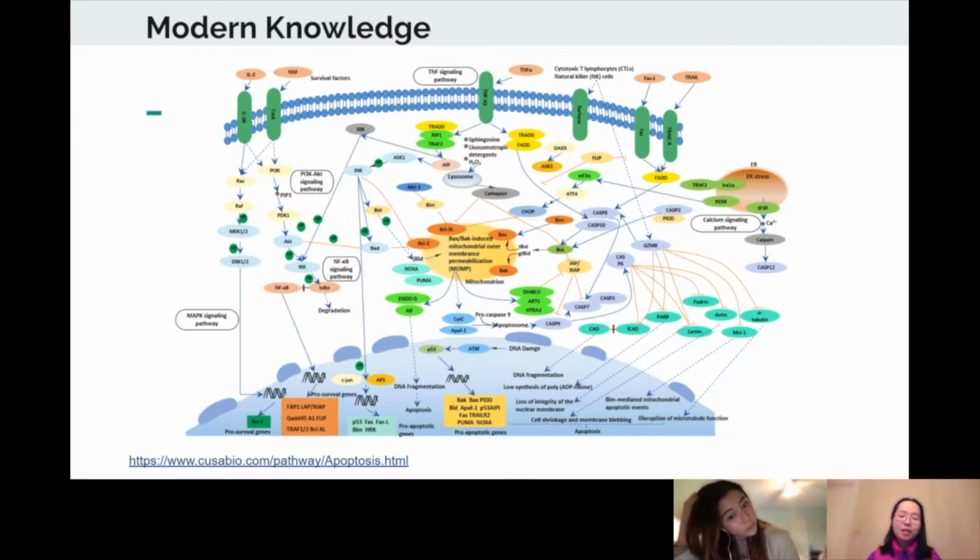As you can see, it is an extremely complicated mechanism. At the time, as much as I can remember, either none or very few of these pathways were discovered and mapped out. So this is the kind of system that they're looking into, and they're trying to figure out what's happening.